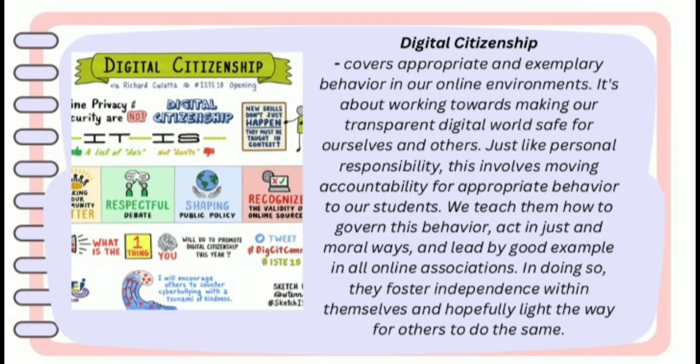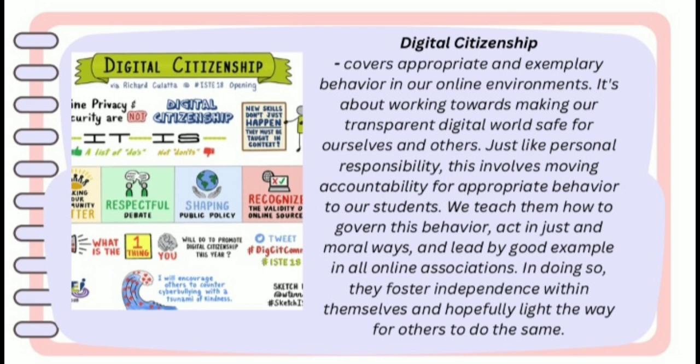So, digital citizenship covers appropriate and exemplary behavior in our online environment. So, it's about working towards making our transparent digital world safe for ourselves and others.